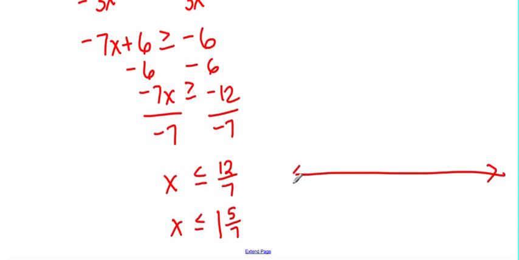So to graph that, any number less than or equal to 1 and 5/7. So if this is 0, 1, and 2, 1 and 5/7 would be somewhere right here. It's equal to that, so it could equal 1 and 5/7 and give me a true statement, but anything less than that could work as well. And those are the examples in your notes.